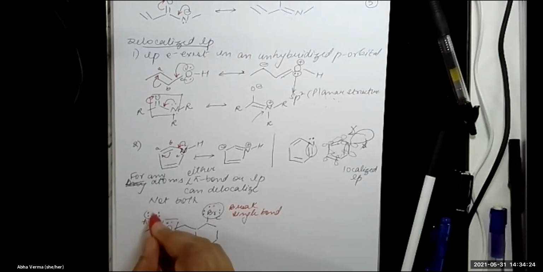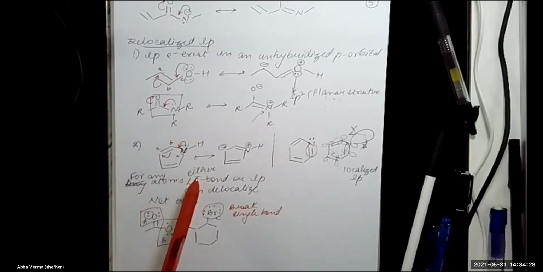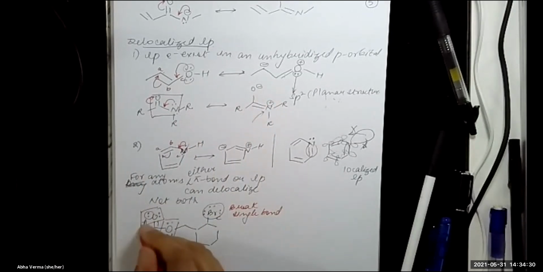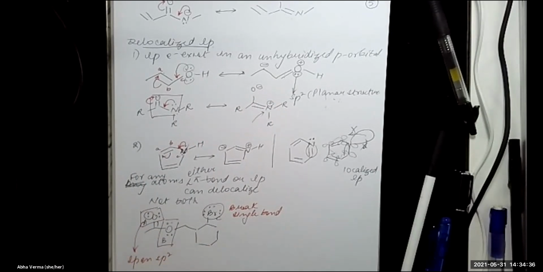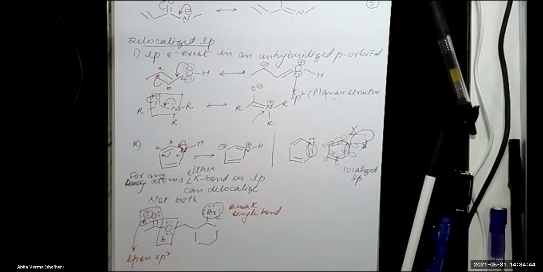And if you look at this lone pair, it exists on an sp2 hybridized atom, and hence we cannot have this lone pair move at all or be part of the delocalized lone pairs.